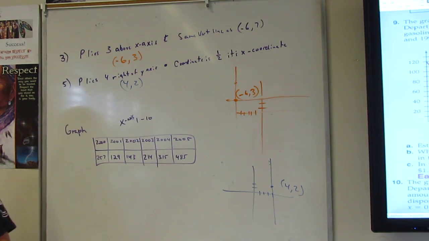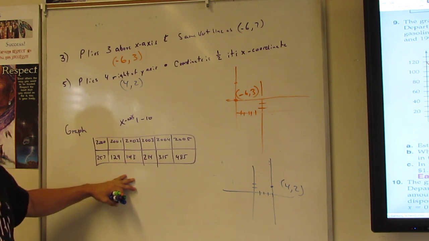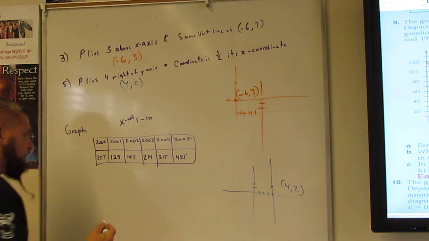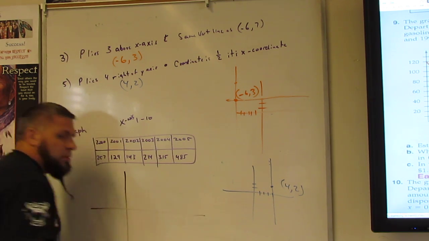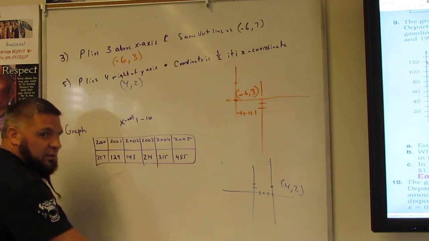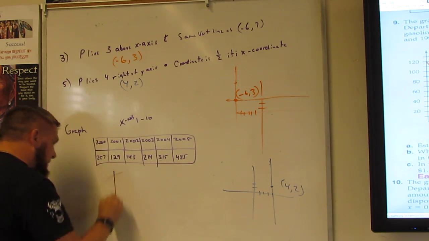You got that? Okay? Graph this. We're doing a little graph. A scatter plot. Oh, well, that looks a little different, right? Scatter plots look like this, yeah?